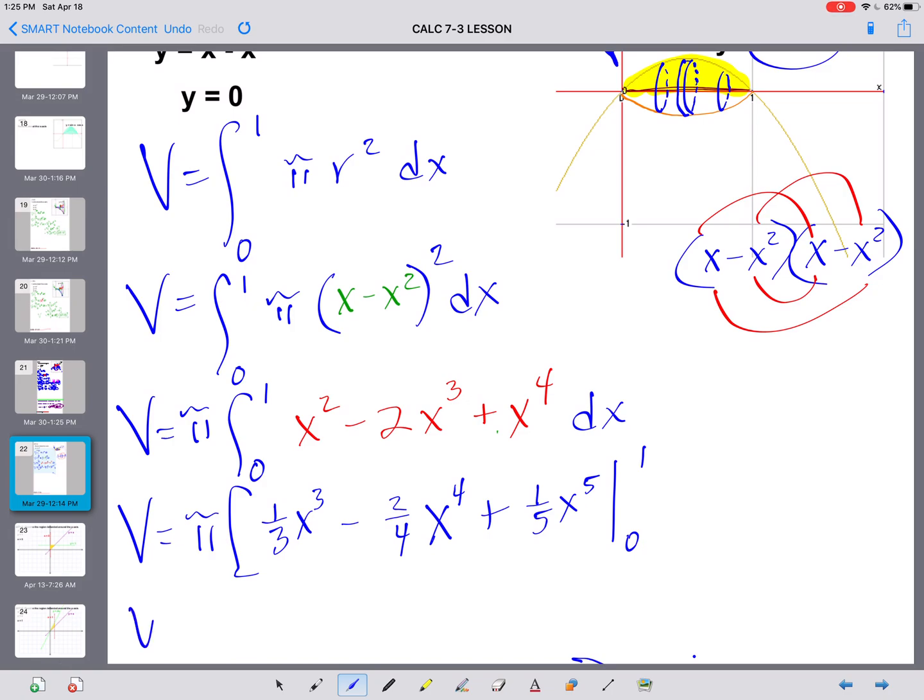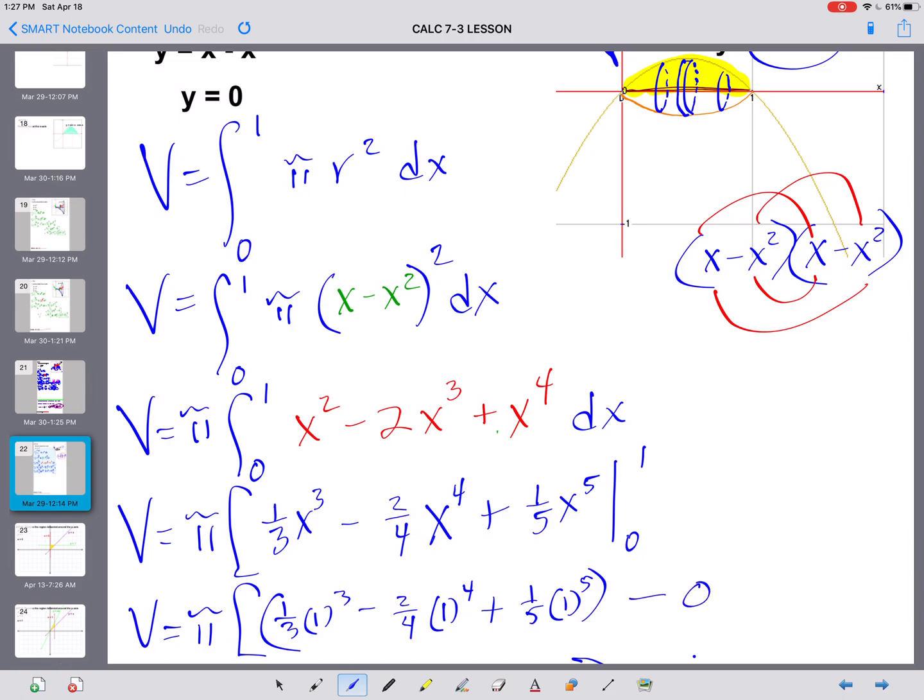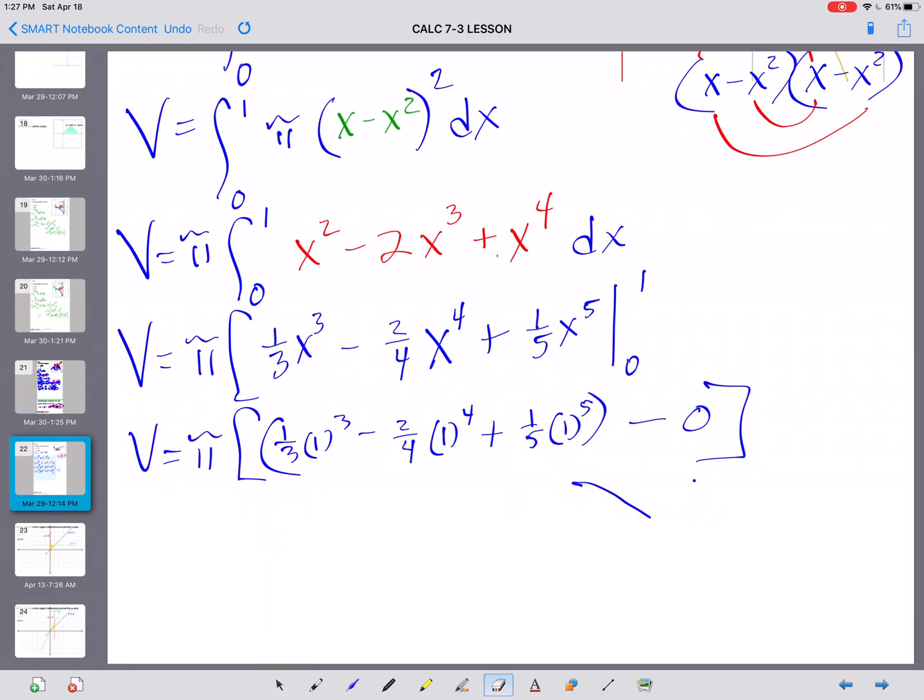Volume is pi times, now let's plug in the 1. So we've got 1/3, 1 cubed, minus 2/4, 1 to the 4th, plus 1/5, 1 to the 5th, minus, now plug 0 in, you get 0. That's kind of nice.